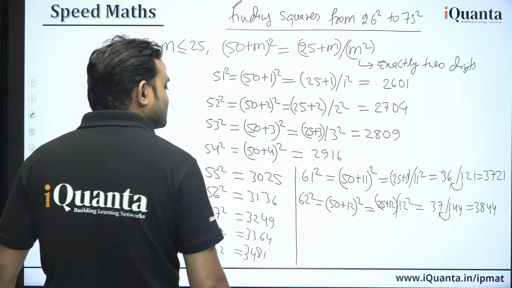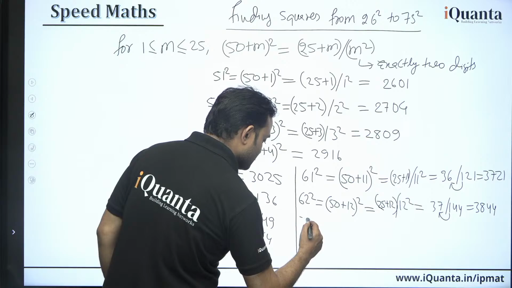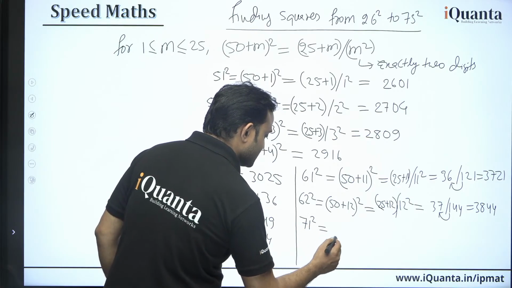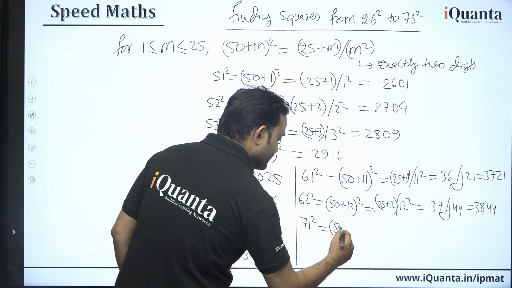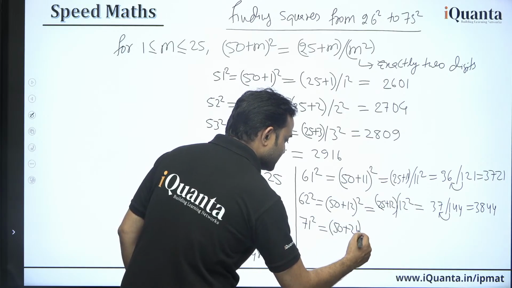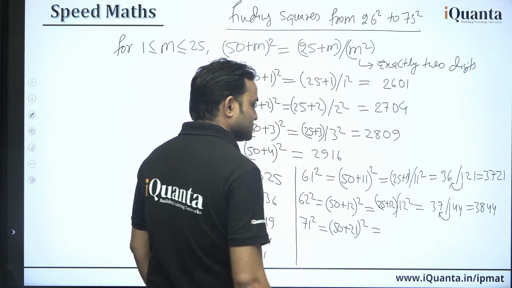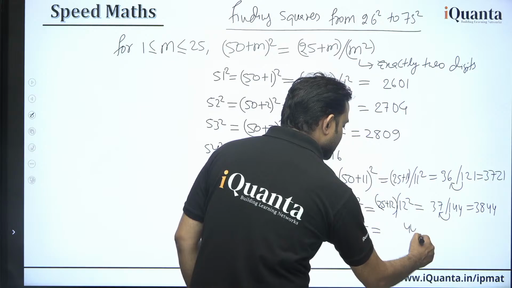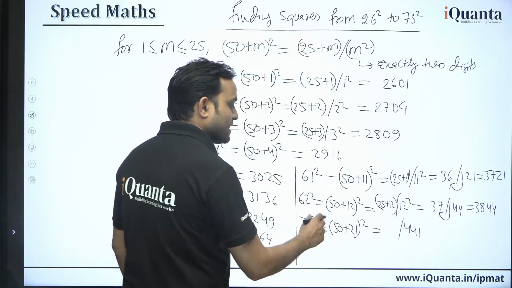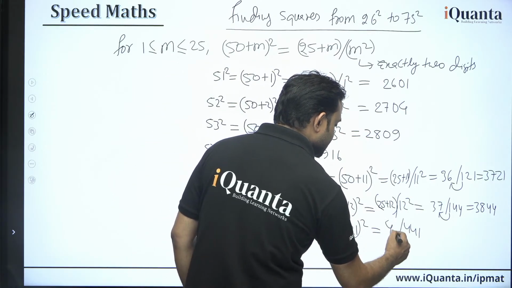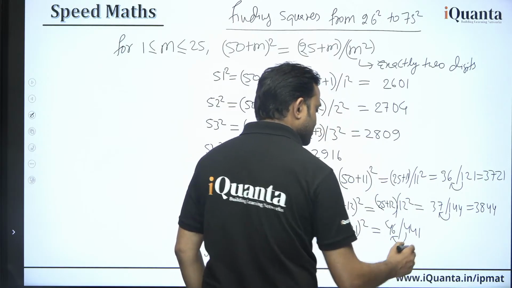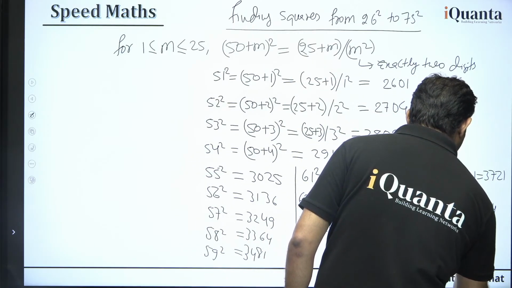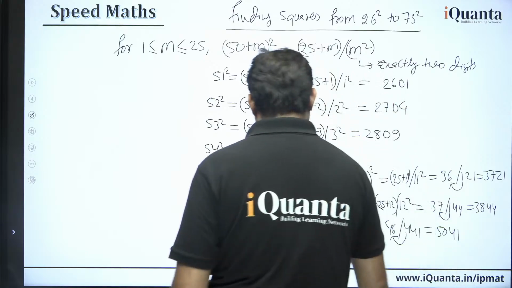Now if we take some big number like 71 square. 71 square can be written as 50 plus 21 square. So 21 square is 441. 25 plus 21 is 46. This 4 will come here. This will become 5041. Okay.